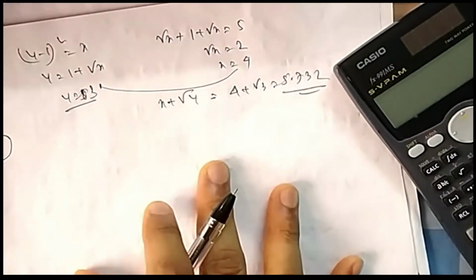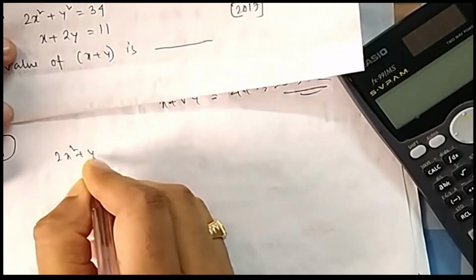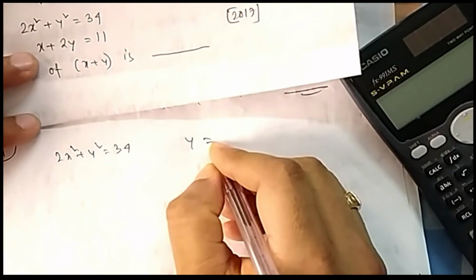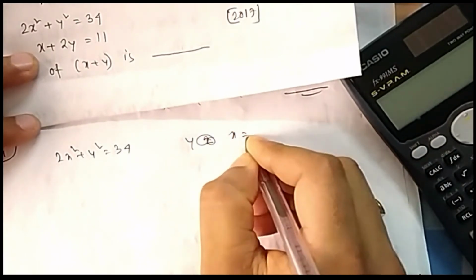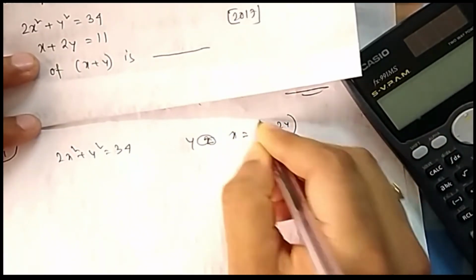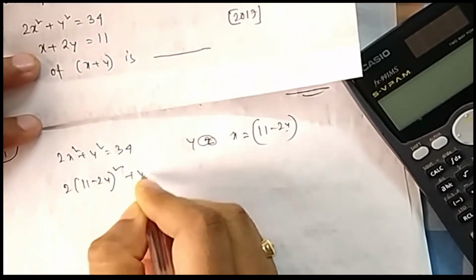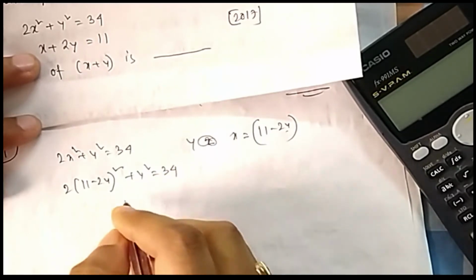Second one, x and y are the integers satisfying the following equations. Again this is for solving x and y, that's it. 2x square plus y square equal to 34. From the second equation, if you calculate x, it will be 11 minus 2y. If you put this one, 2 into (11 minus 2y) whole square plus y square equal to 34, I think you can solve it. This will be quadratic.